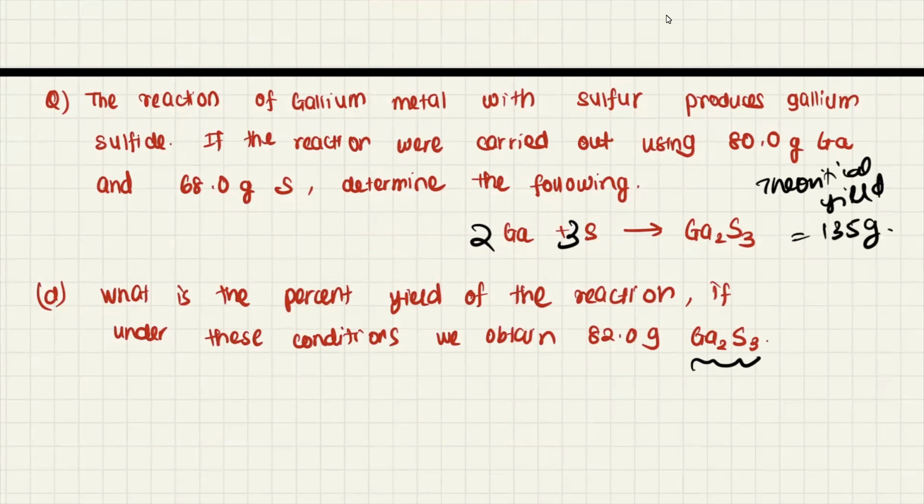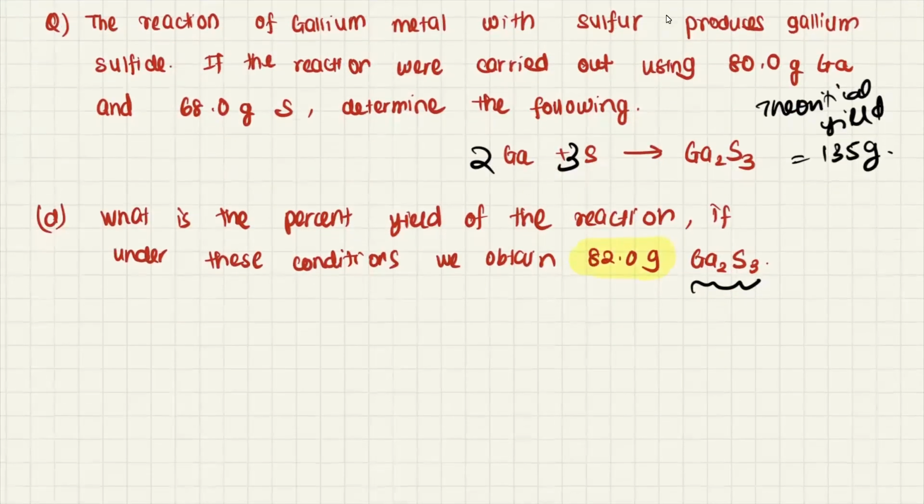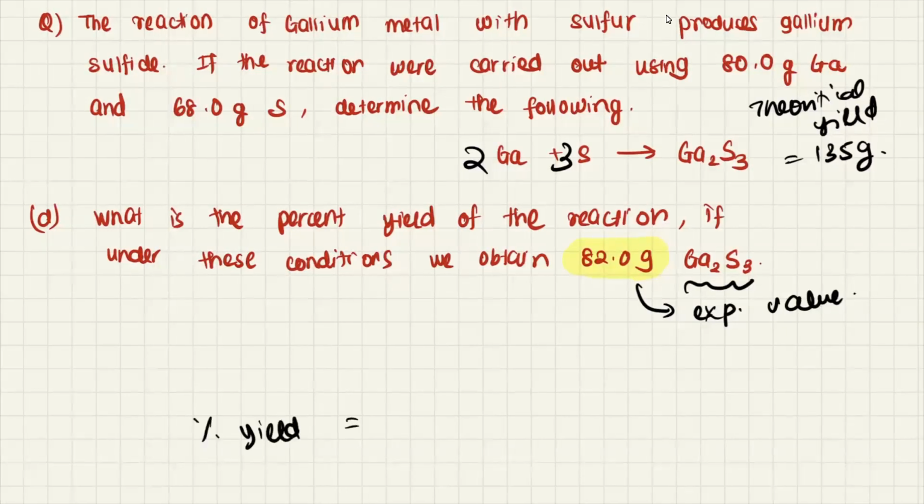But they say when they do the experiment, they figure out that the real amount of gallium sulfide that is produced is 82 gram. So this is the experimental value or experimental yield.